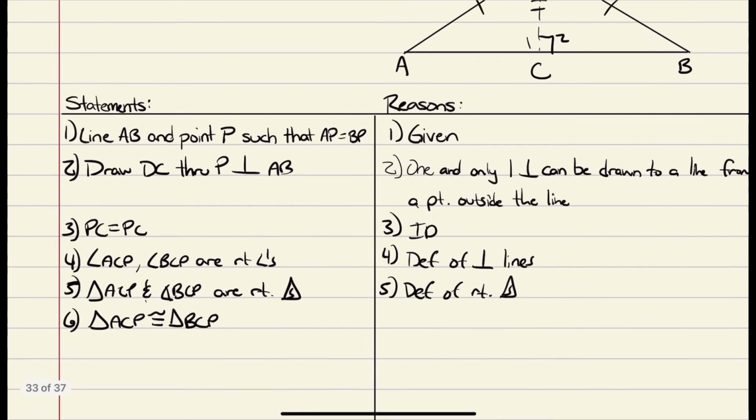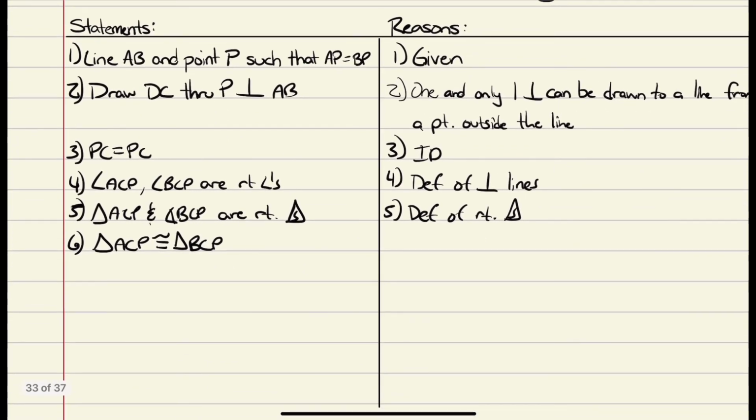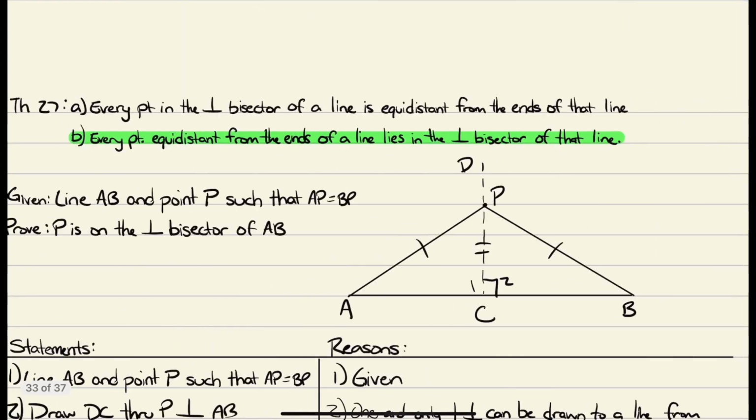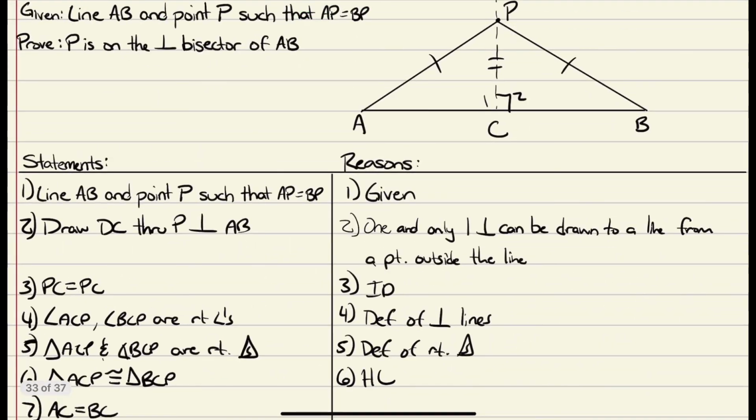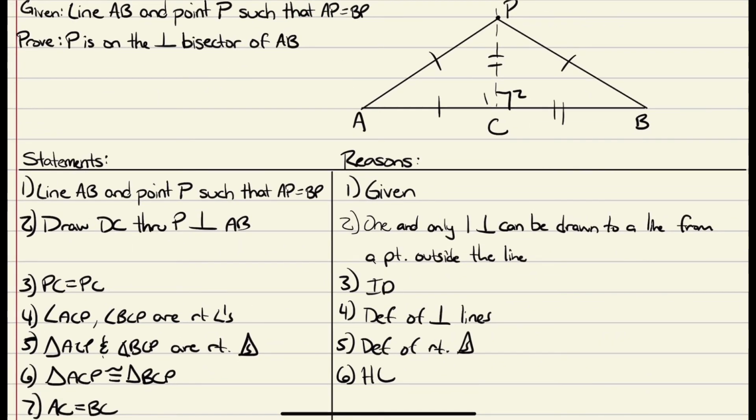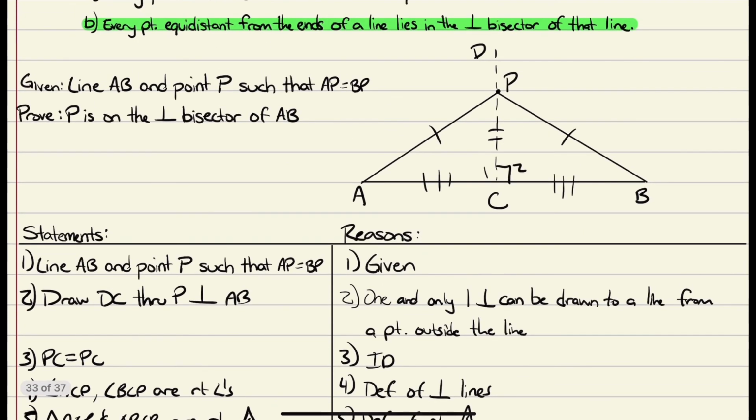And number 7, AC equals BC. These two lines equal each other. And so look at that. Just with that, we can now see that a point equidistant from the ends of the line lies in the perpendicular bisector of that line. So AC equals BC because of CPCTE.